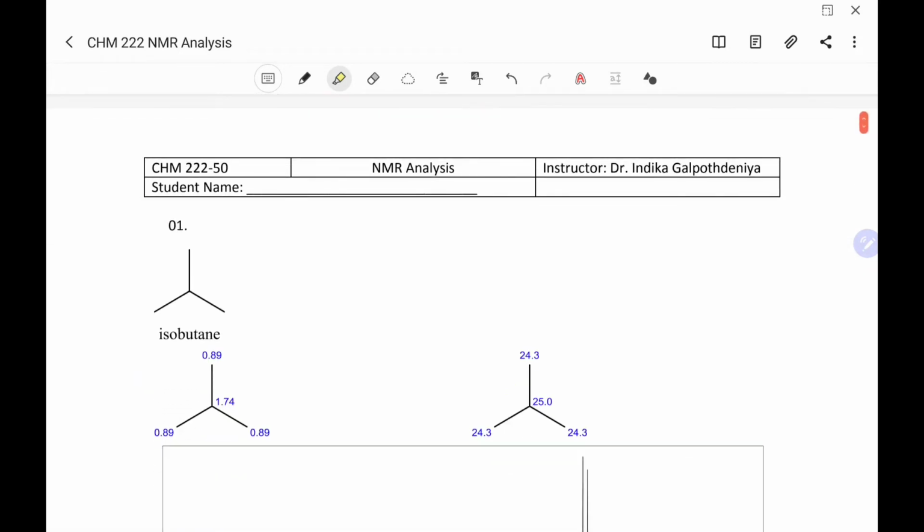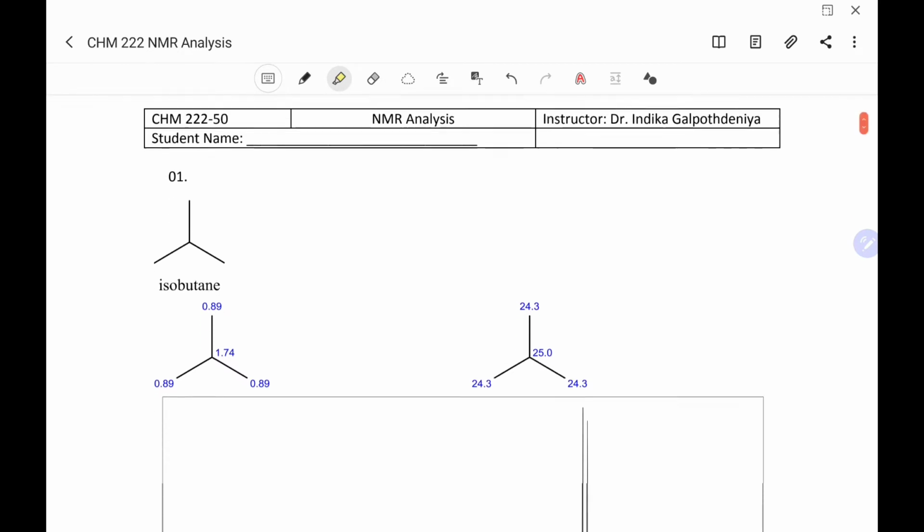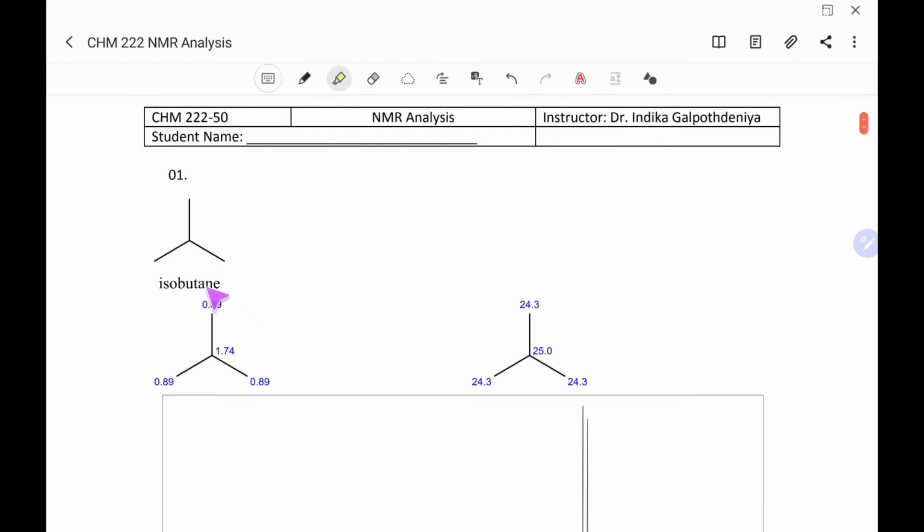All right, let's get to some examples. The first molecule we are going to talk about is isobutane. The skeletal structure for isobutane is given right here. I have given you 2 sets of data, but I don't want you to look at them now. These are for verification purposes.